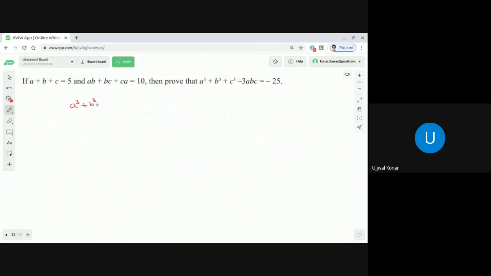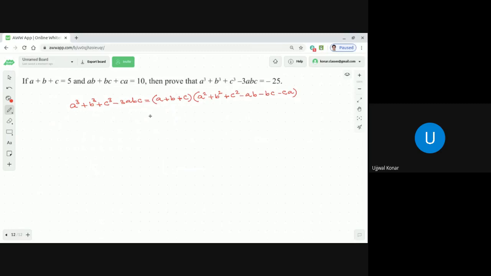A cube plus b cube plus c cube minus 3abc is equal to a plus b plus c, and inside the bracket we write a square plus b square plus c square minus ab minus bc minus ca.